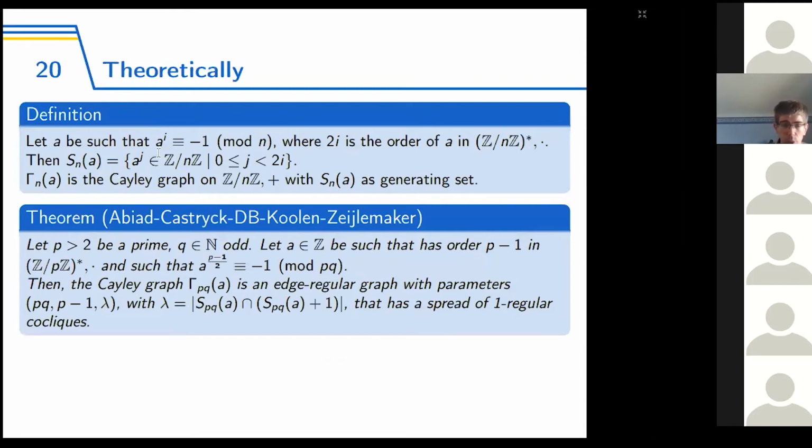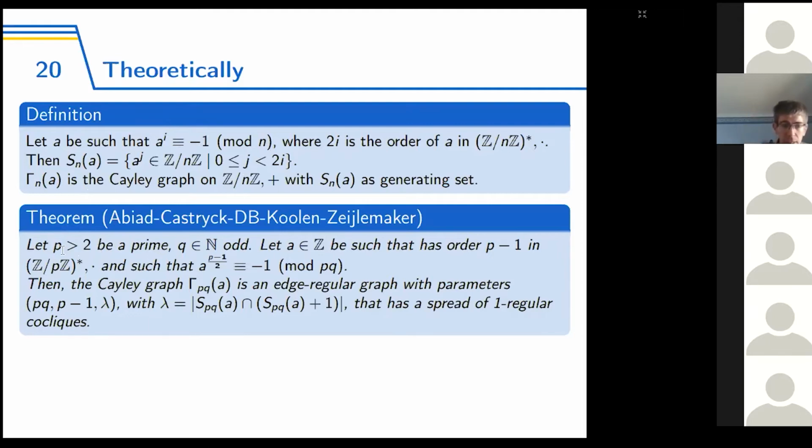So what you will do is take the powers of some number a, mod n, and then take this set of powers, which has to include -1. And you will take the Cayley graph on this set of powers. And then you need to think about the integer n, modulo which you're working.